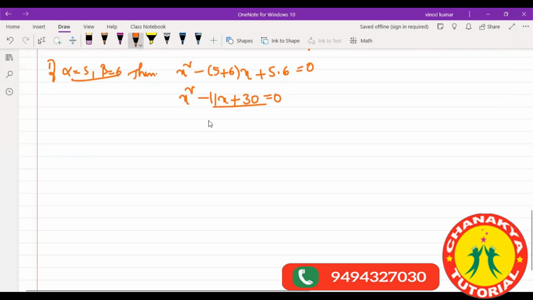Chandra and Aditi, both of you, I hope you understand. Yes, sir. Please, you can ask me, have you any doubt? Aditi? Yes, sir. Have you any doubt? Just ask me.